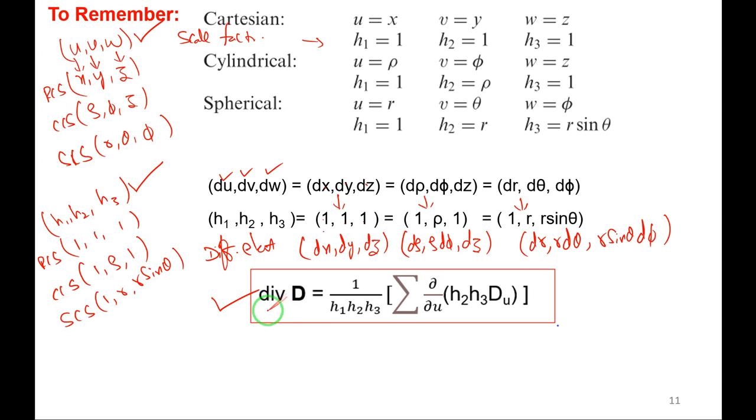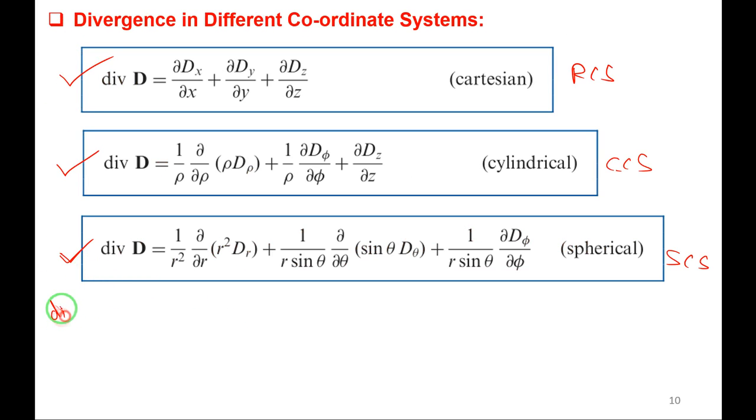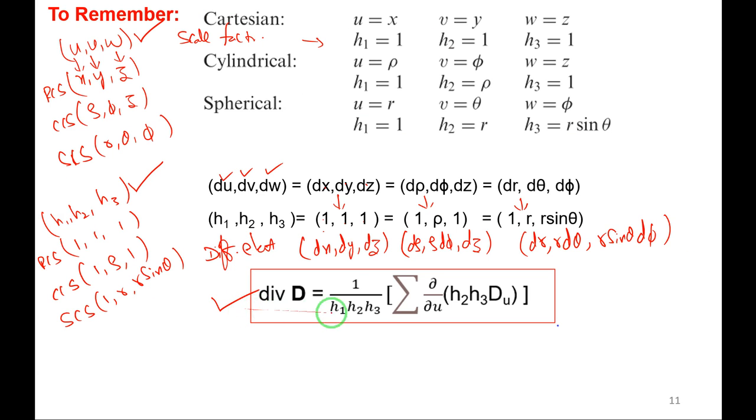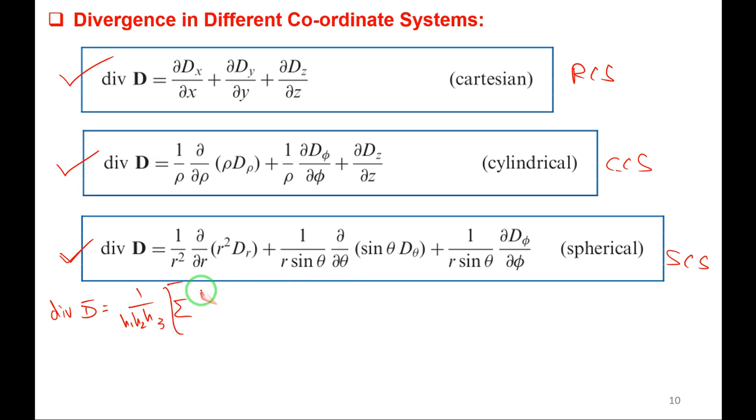With the help of this, divergence of D vector is equal to 1 by H1 H2 H3 into summation of dou by dou u of H2 H3 into du.